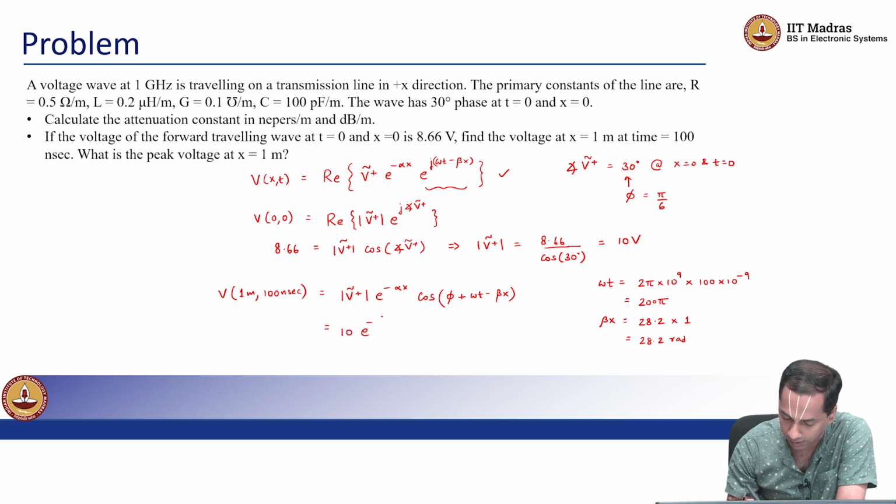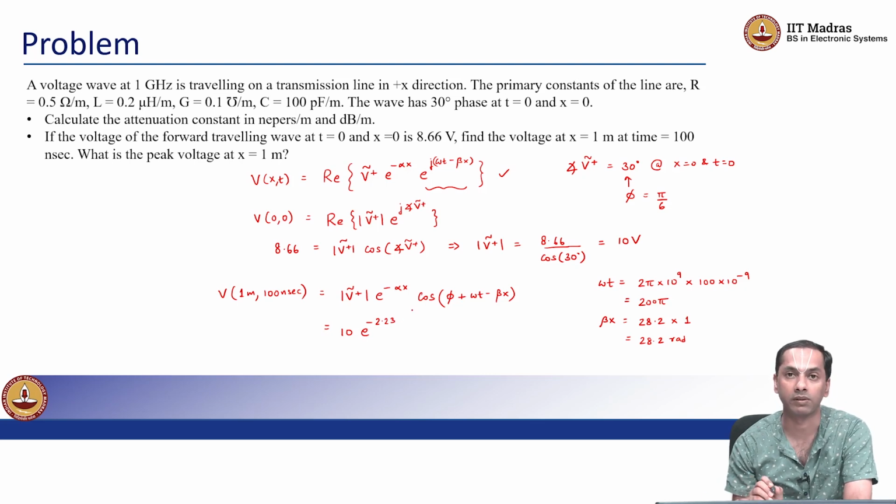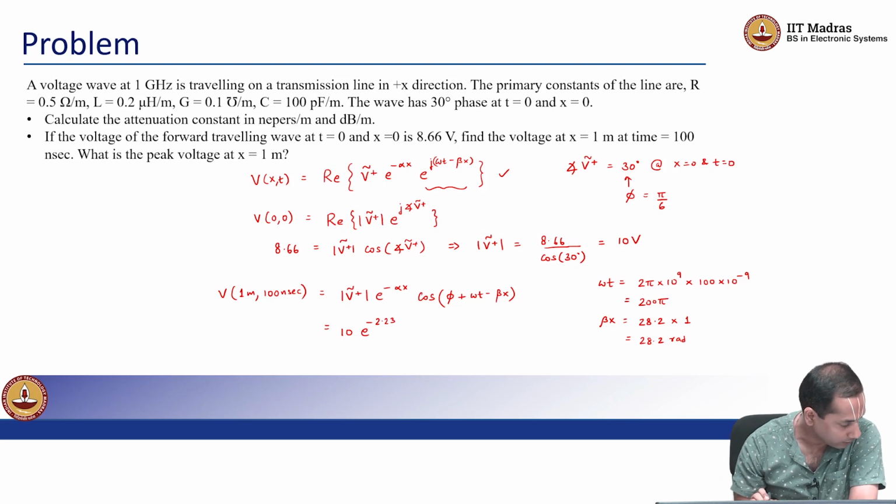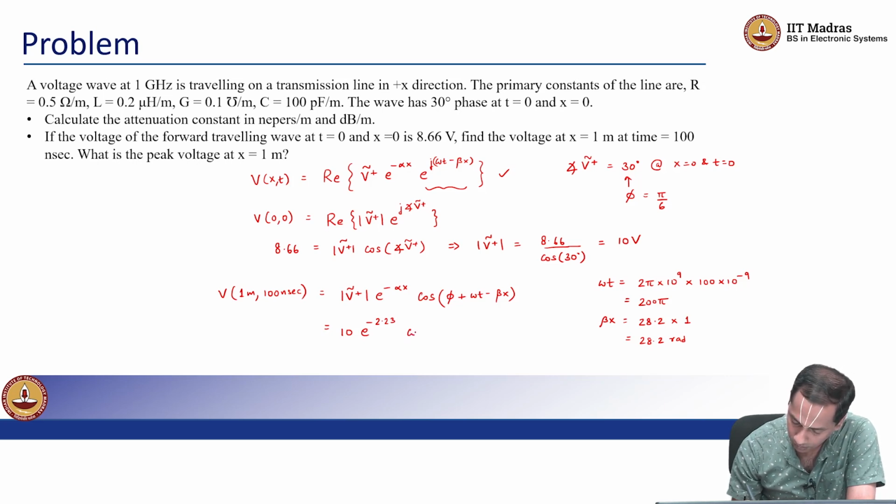E to the minus alpha was 2.23 nepers per meter multiplied by x, which is 1 meter, is 2.23. Cosine of pi by 6 plus omega t is 200 pi.